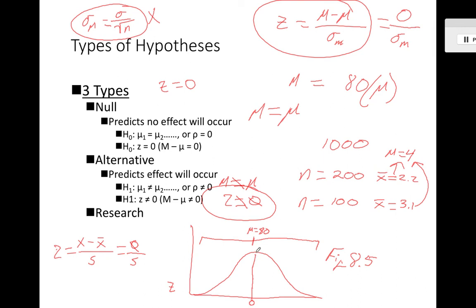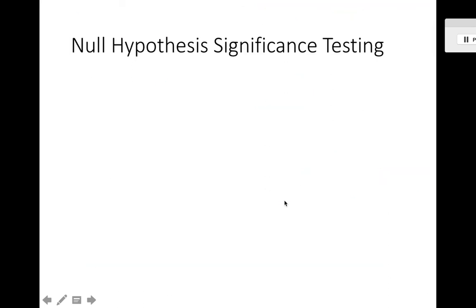Or will my mean not be equal to 80, and thus I have to conclude, is my average extremely different from the population average in this particular case? Okay, so that's ultimately what we're trying to identify in our particular situation.